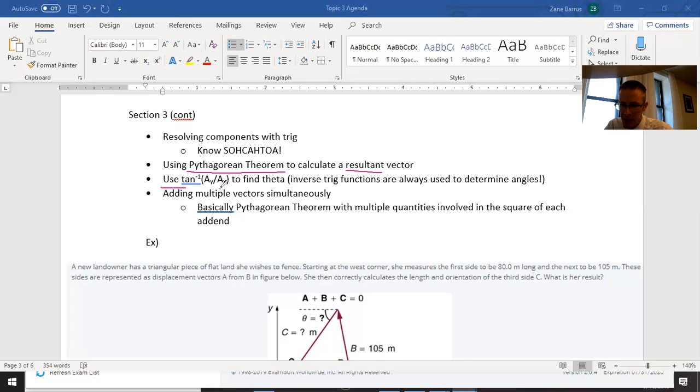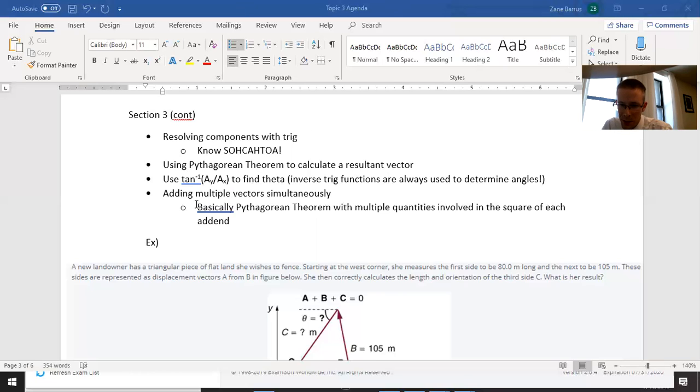Okay, this is going to be a little weird. So right here, this next bullet point, this is a formula I need you to write down. This formula right here is going to allow you to find theta. Remember, we said maybe about 20 minutes ago that theta is the angle that your total displacement makes with your positive x-axis. So write that down. The inverse tangent of a sub y over a sub x will give you theta.